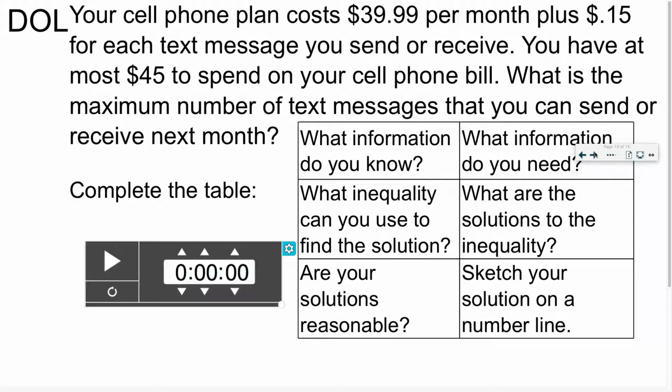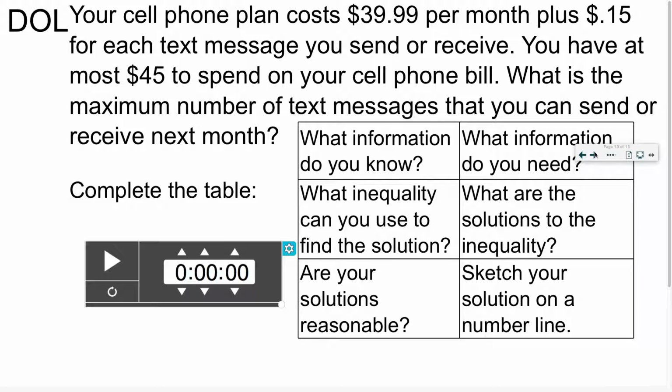So this table just helps you to create. You may not need the table, but for those of you that need structure in word problems, what information do you know? What information do you need? This is your unknown, what you're trying to find. And then what inequality could you use to find the solution? So create your inequality and solve. Over here, what are the solutions? That's your answer.